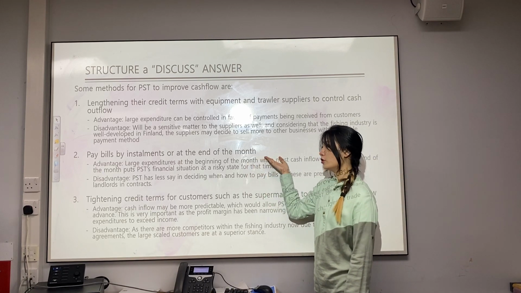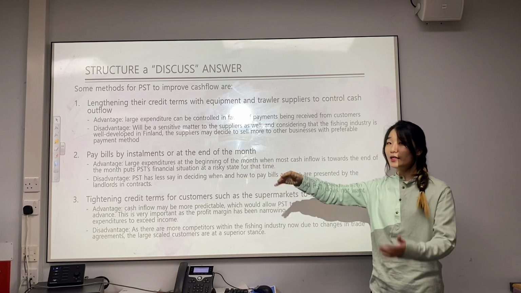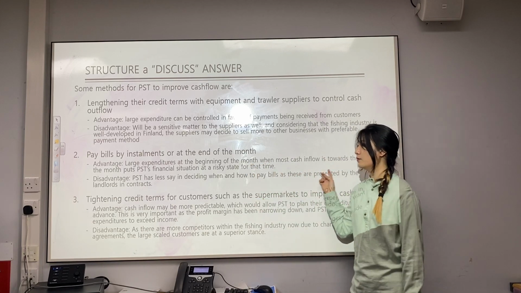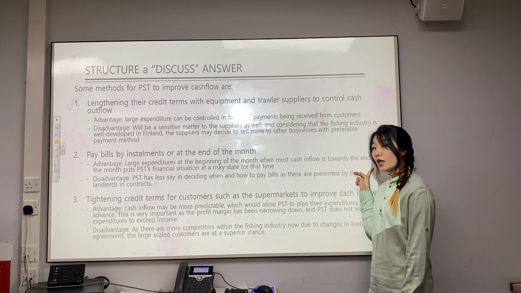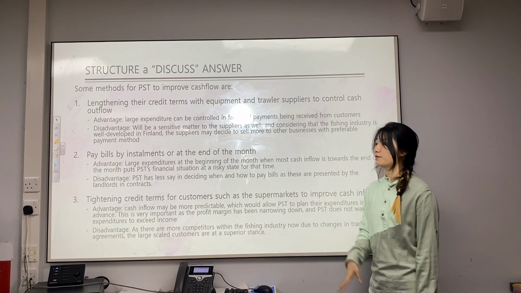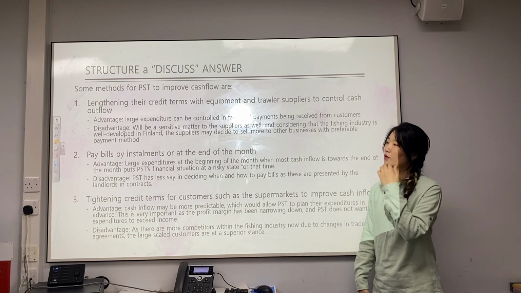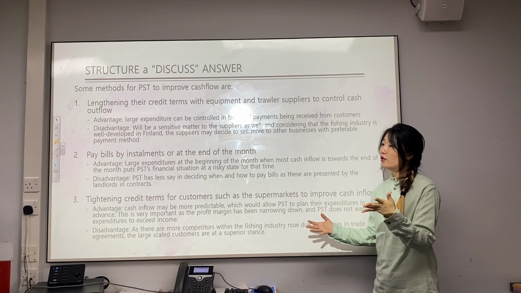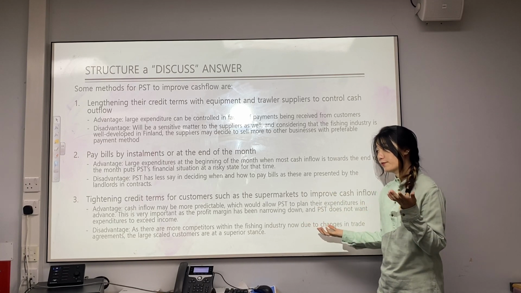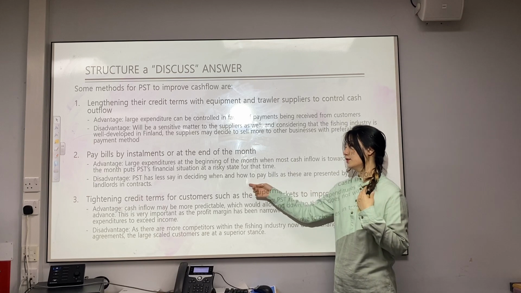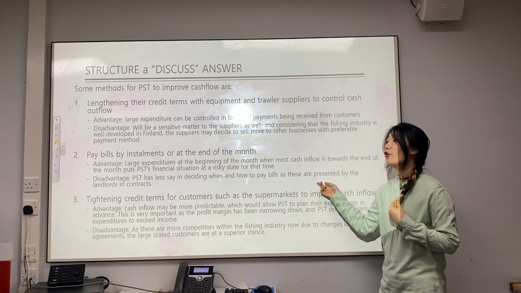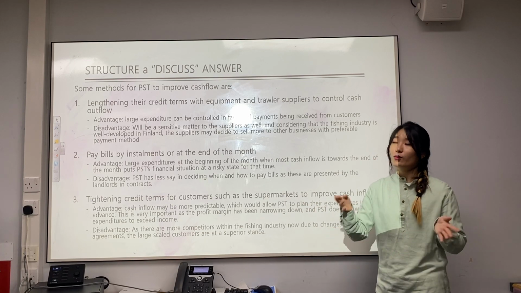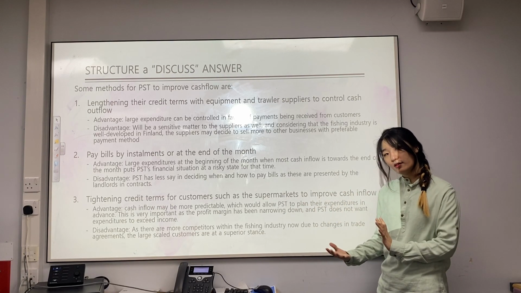And then our second option could be paying bills by installments. This could be beneficial because of these advantages, but it could have these disadvantages. Thus, paying bills by installments could be not too effective, as bills are paid based on the contract that was signed when PST first moved in.